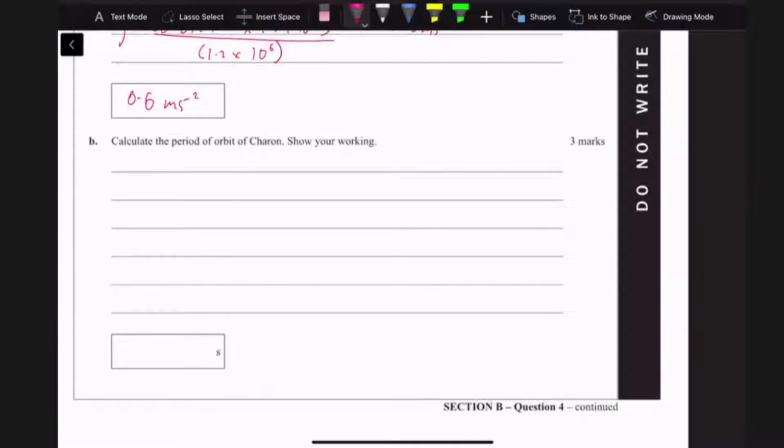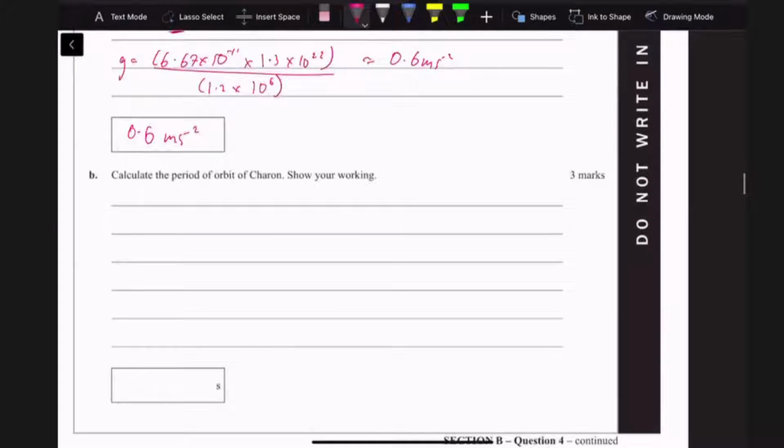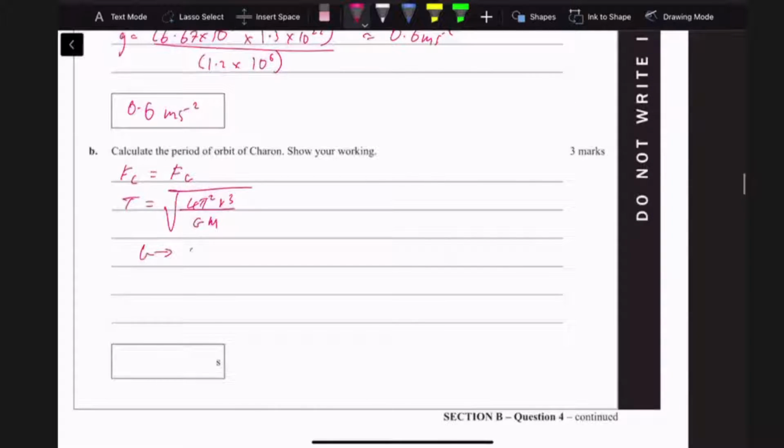So calculate the period of orbit of Charon. So this is where we use, once you equate centripetal force and gravitational force, you get this giant equation. And if you rearrange it to find T, you get 4 pi squared R cubed on GM. And so G is 6.67 times 10 to the negative 11.